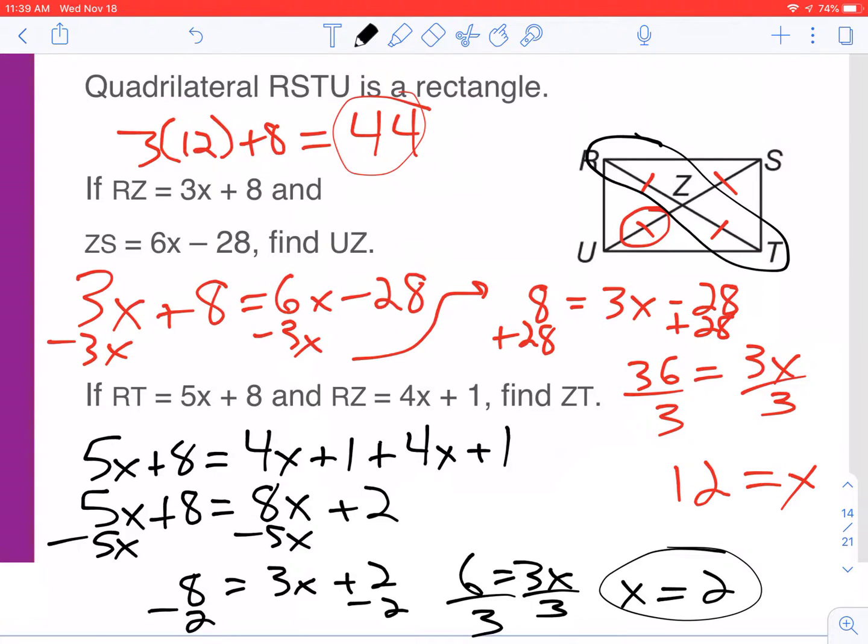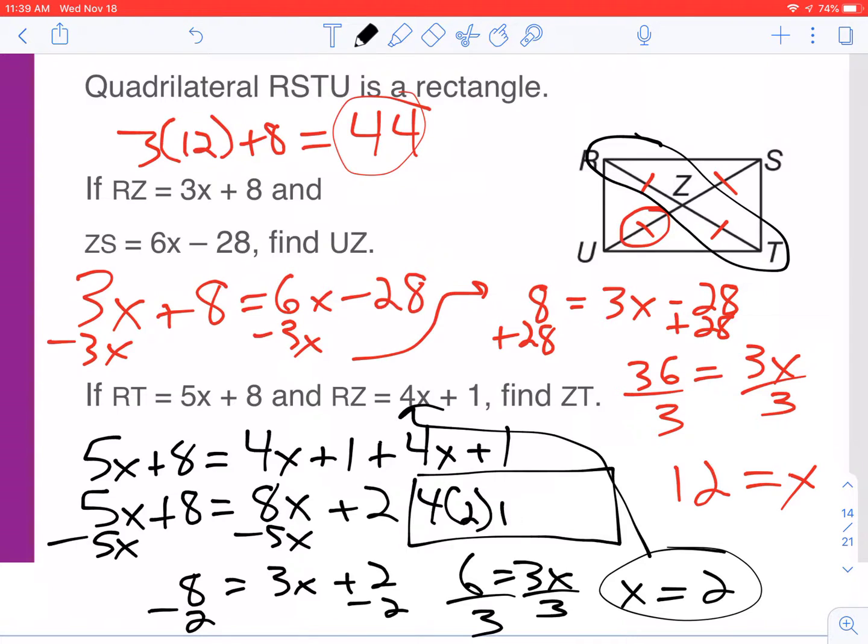Then it says find ZT. I'm just going to plug it back in to RZ, which I'll write in this little box here. 4 times 2 plus 1 equals 9.